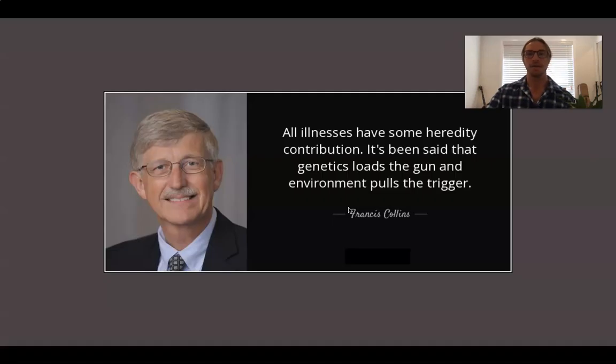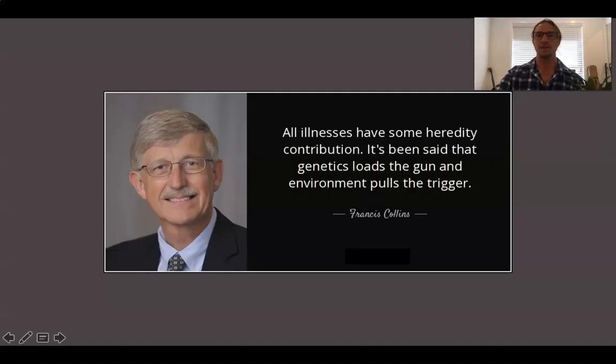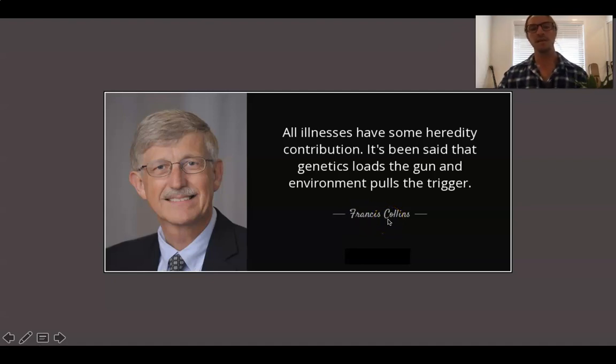Okay, well, that is all for today. And I will leave you with this quote by this man, Francis Collins. We've looked at him previously, right? He's been credited with cracking the genome. And he says, all illnesses have some hereditary contribution. It's been said that genetics loads the gun and environment pulls the trigger.